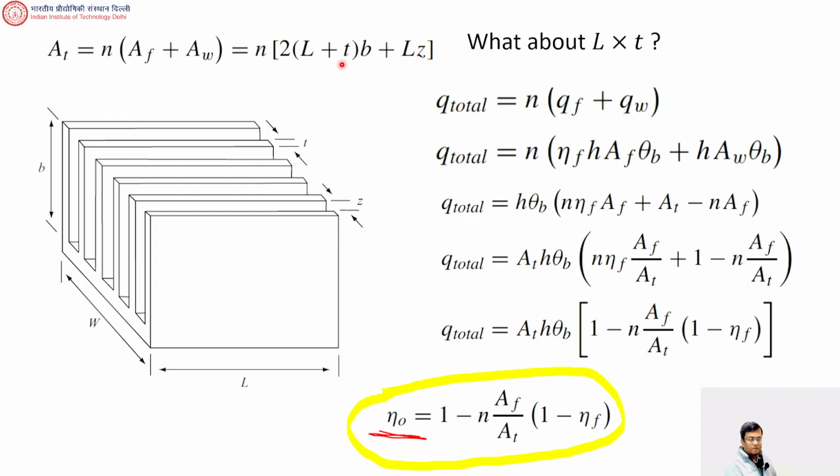What is 2 times L plus T? That's the perimeter, multiplied by B, that gives you the exposed surface area of the fin, right? And LZ will be that interfin area for one such interfin area, but there are n such interfin areas. So that's why multiplied by n.